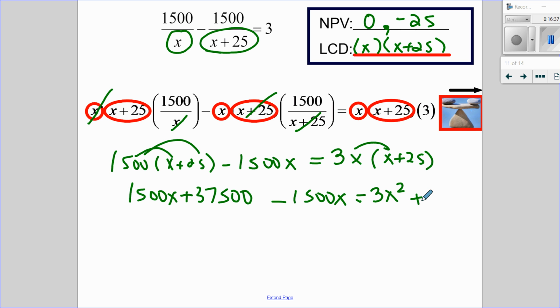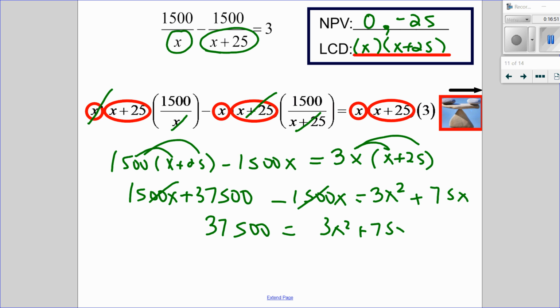So 37,500 is equal to 3x squared plus 75x.